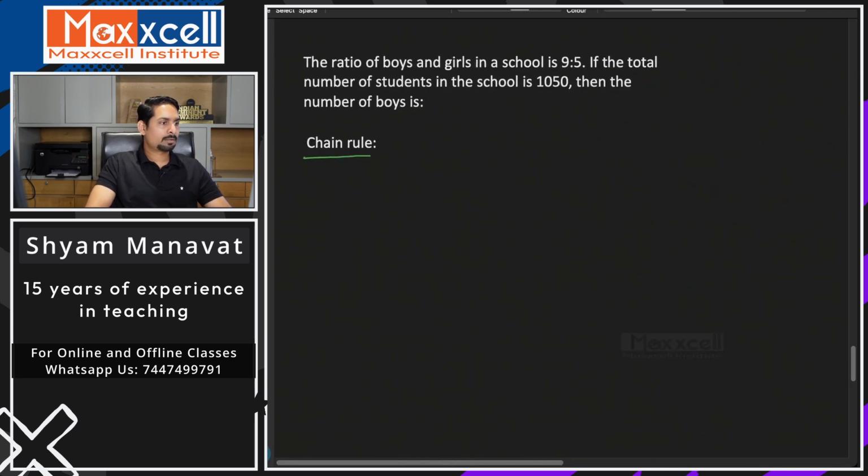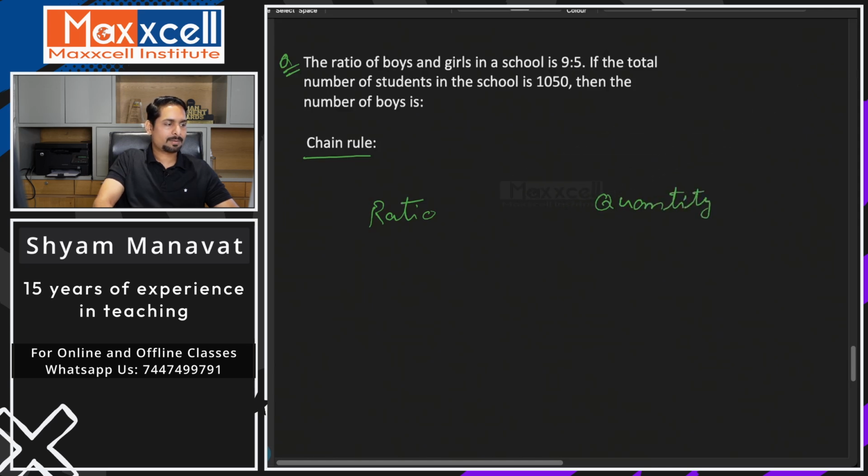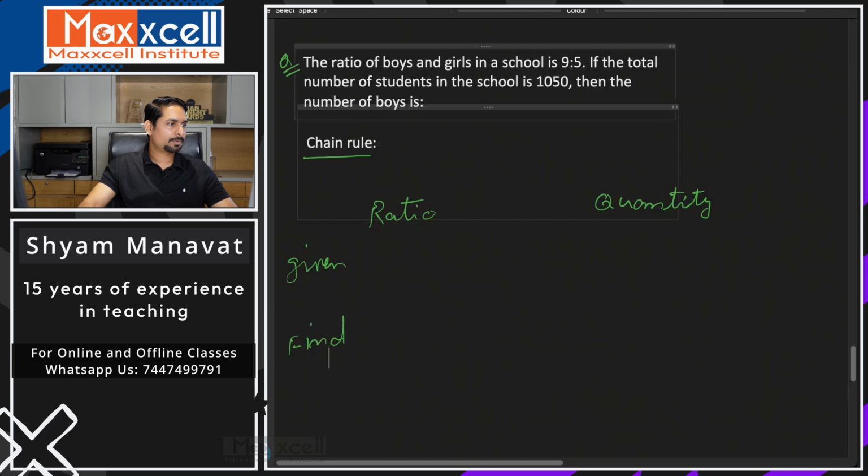That's the same chain rule which I'm going to use to solve this question with a new method. How do we do it? We write the ratio and the actual quantity, the given values and what we need to find.